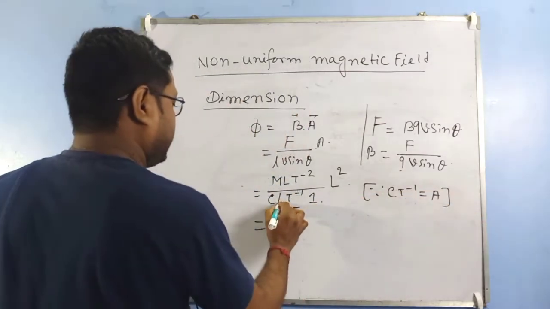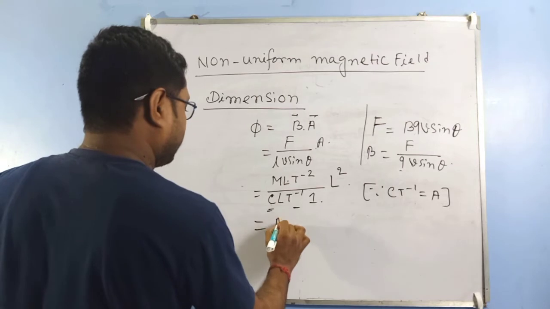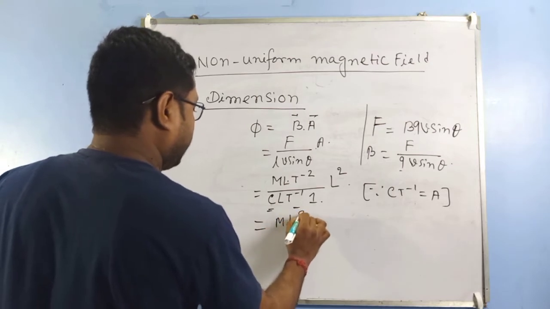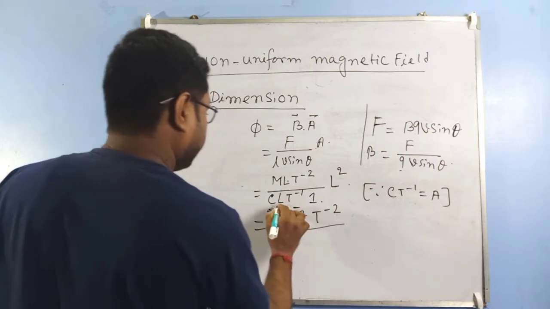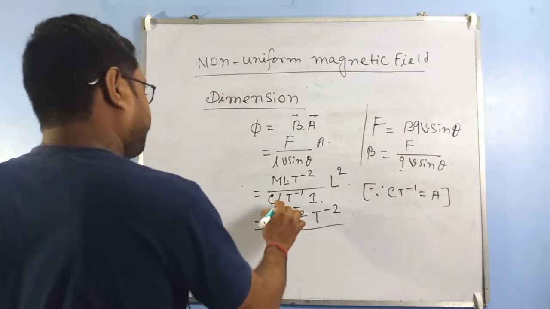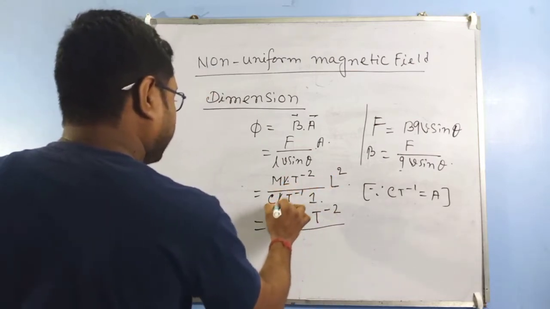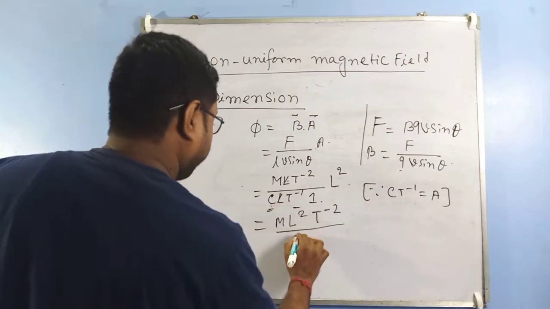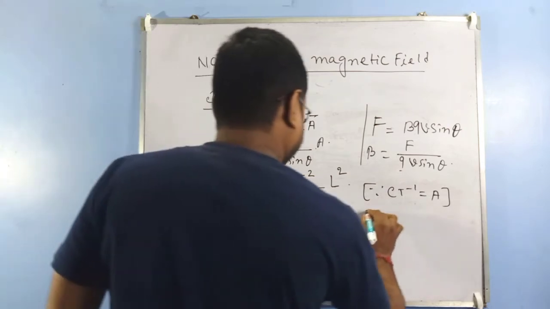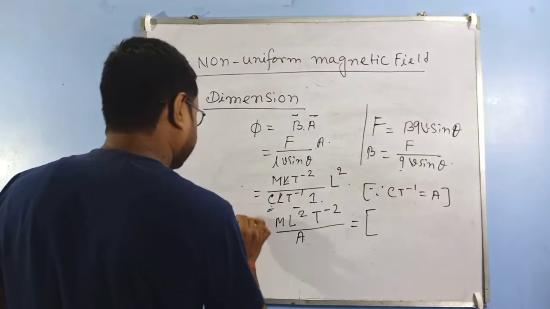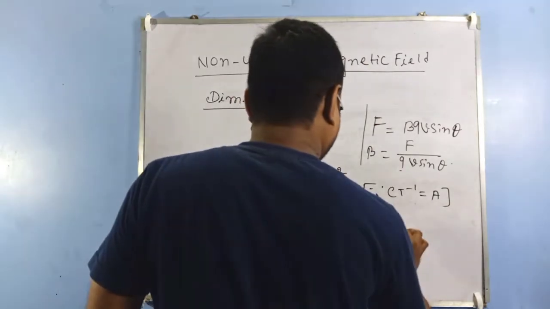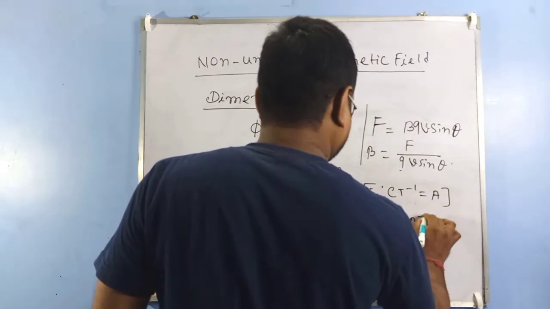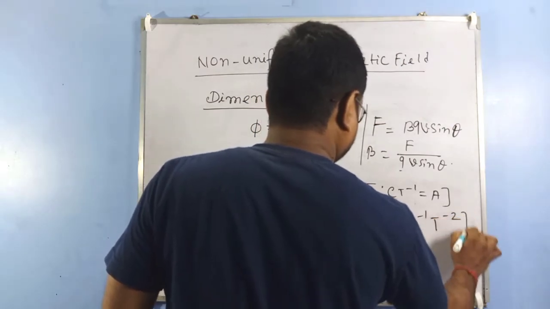Now this L and this L cancel, so we get M L square T minus 2 by C T minus 1, which equals ampere. So finally we get the dimension of magnetic flux phi is equal to M L square A minus 1 T minus 2.